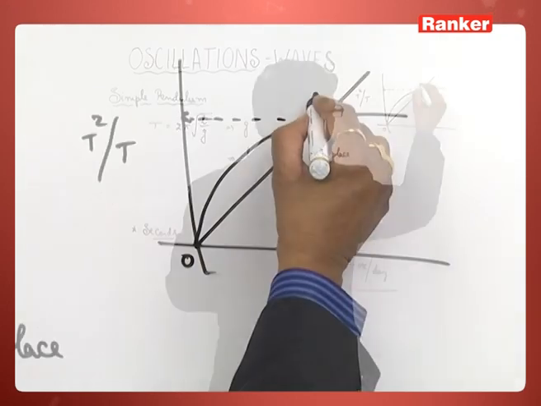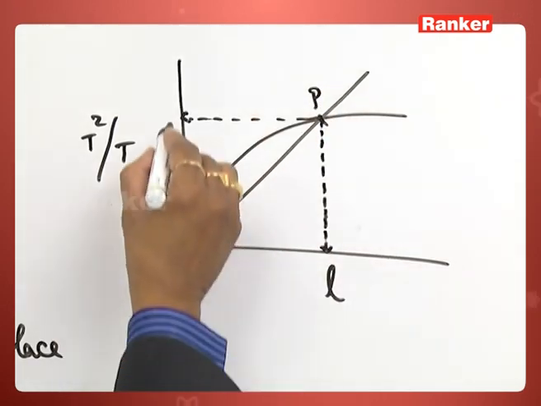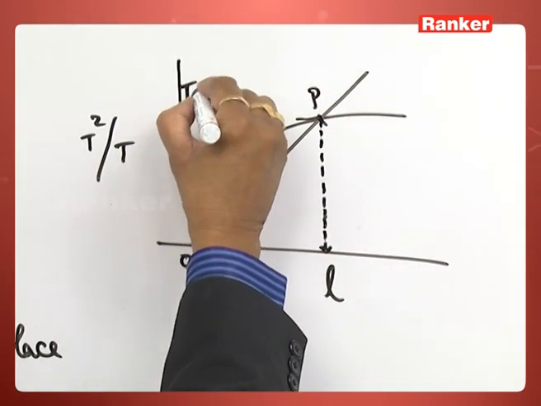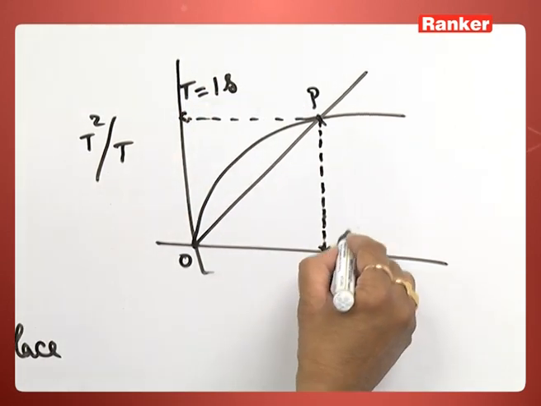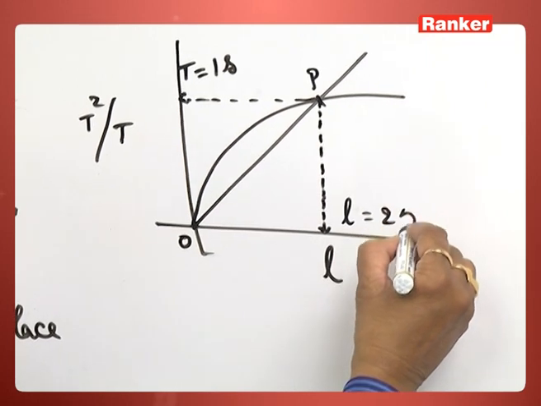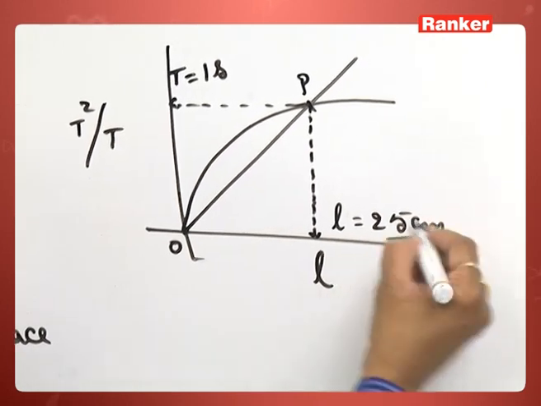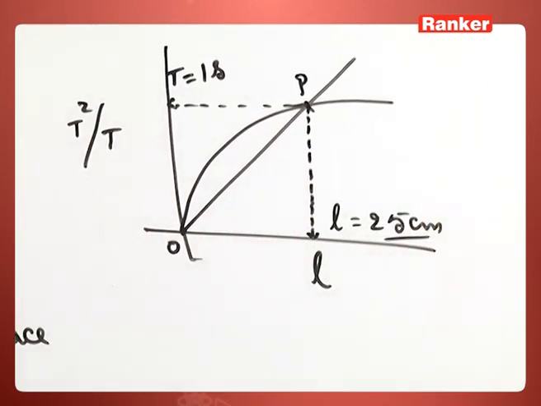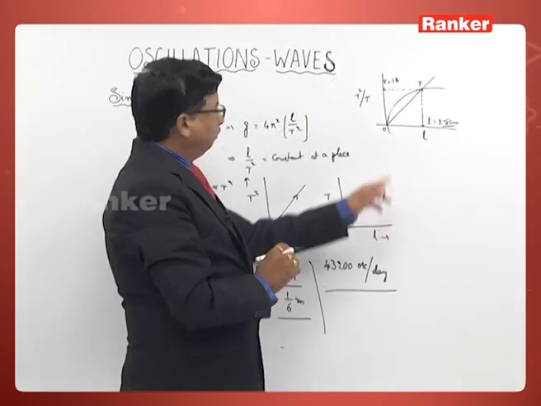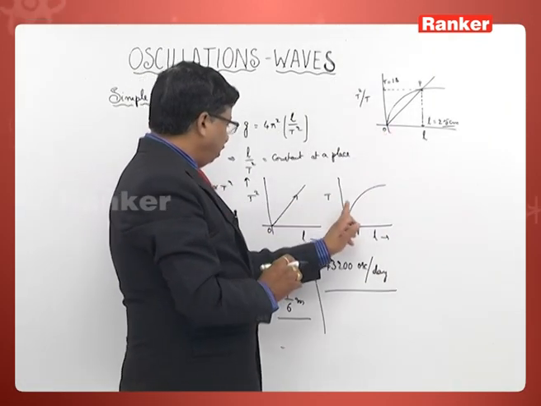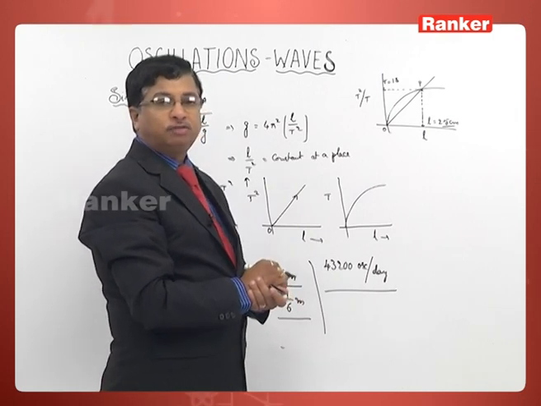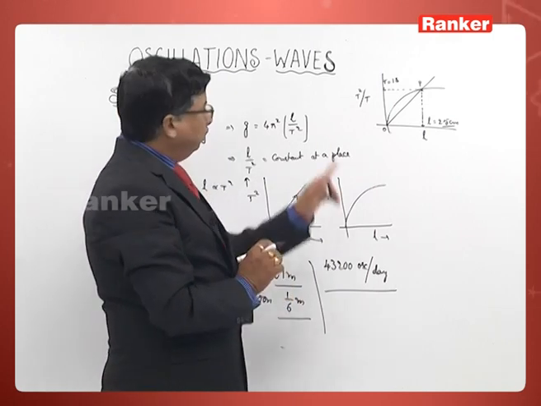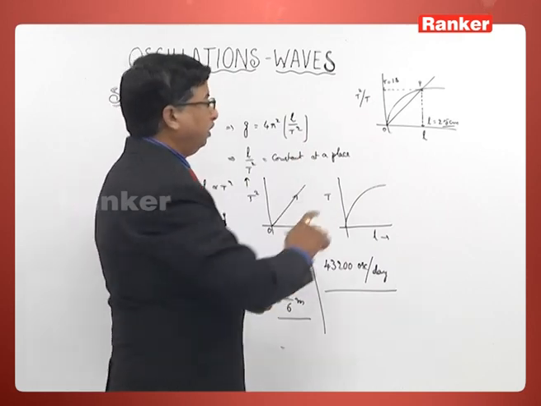Corresponding to this point of intersection P, the time period T will be 1 second. And this length is going to be exactly 25 centimeter, or you can even call it 1/4 of a meter. So, remember, when both the graphs are plotted on the same graph paper, that too for a seconds pendulum, there will be a point of intersection like this.